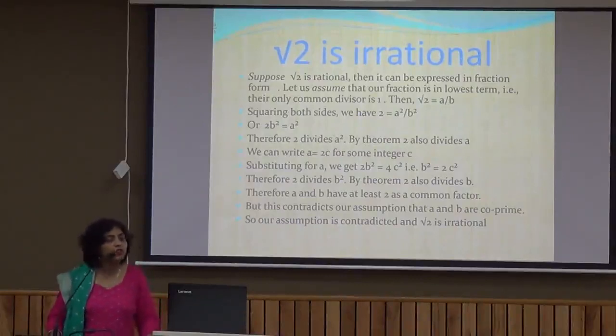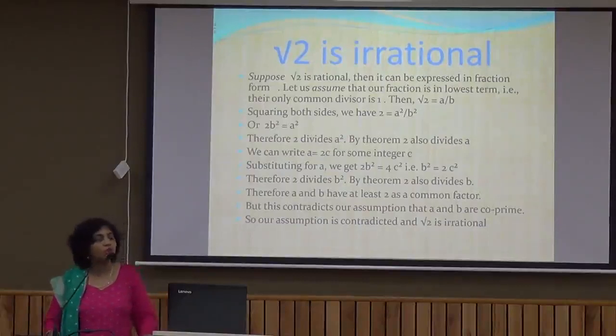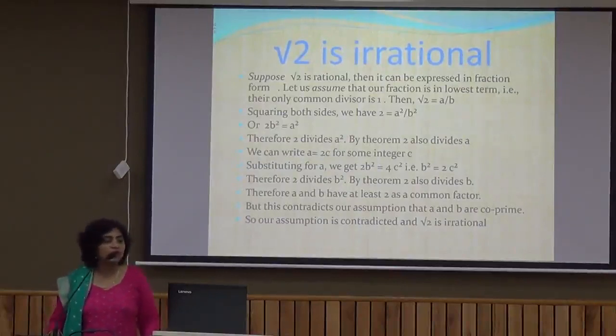Now substituting this value of a is equal to 2c in our previous equation, we get 2b square as 4c square. Being 2 common on both sides, we divide the whole equation by 2 to get b square is equal to 2c square. Now this equation tells that 2 divides b square. When 2 divides b square, it shall also divide b.